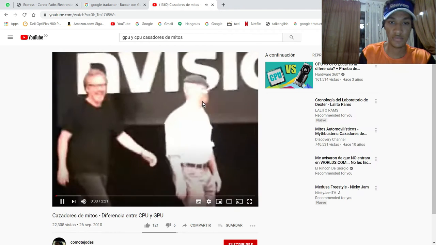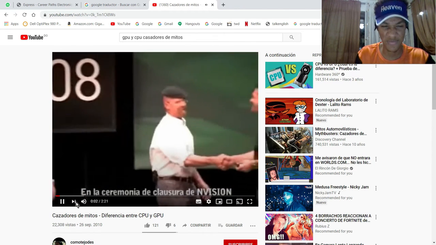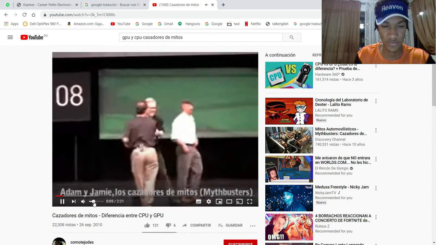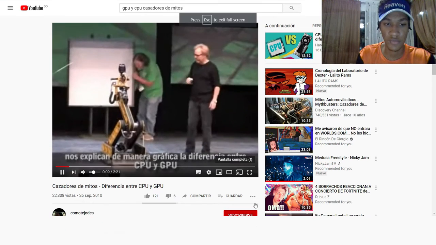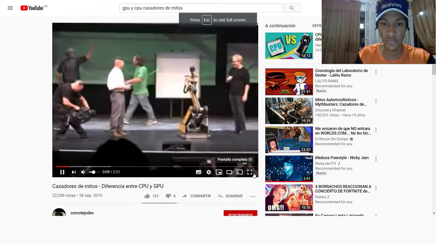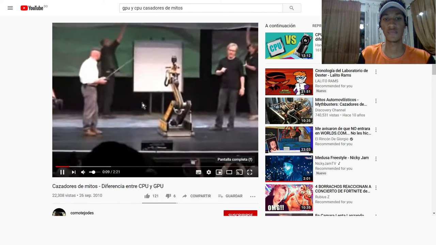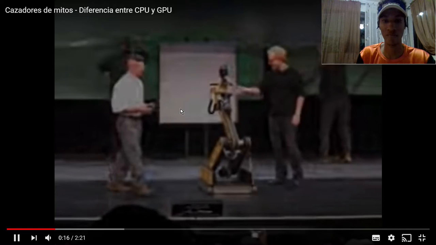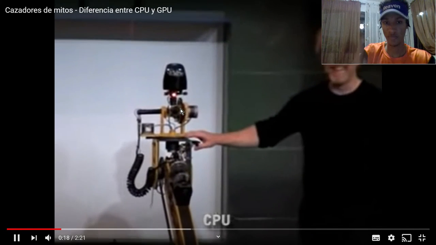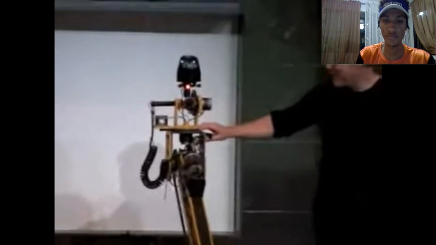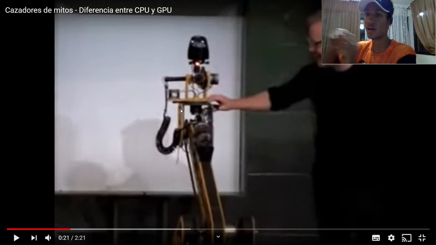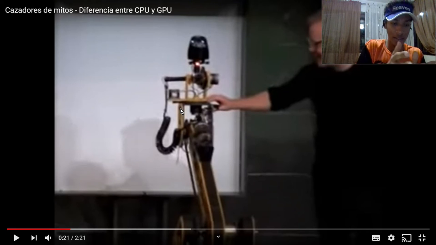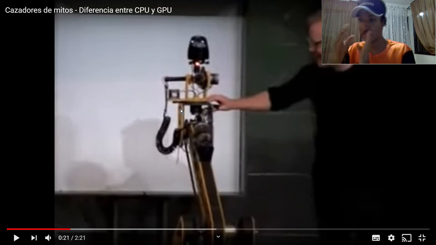It's like that. That is the CPU. It's one next to the other. It's application next to application. I finish that and I continue with that. I finish this operation, I continue with the other.